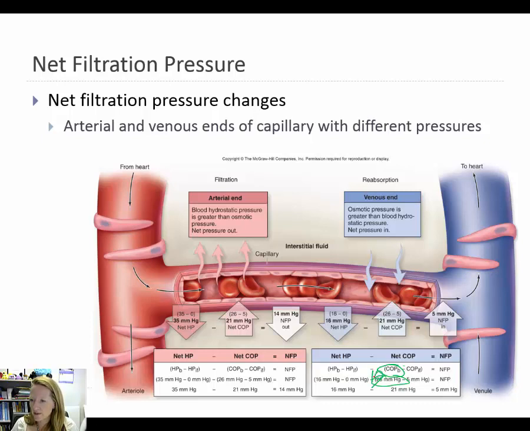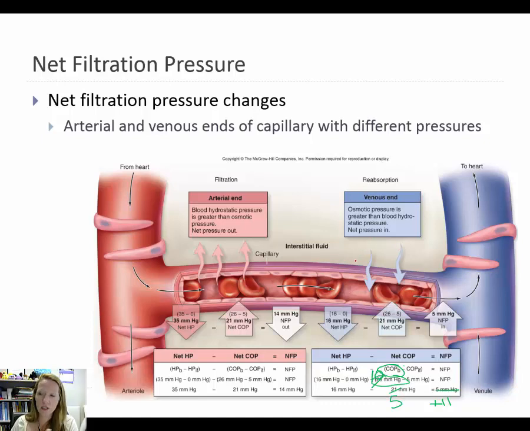And again, so we have 10 minus 5, if you can keep up with what I'm writing here. So that is 16 minus 5. That makes it a positive 11. So again, you don't have reabsorption occurring on this end.